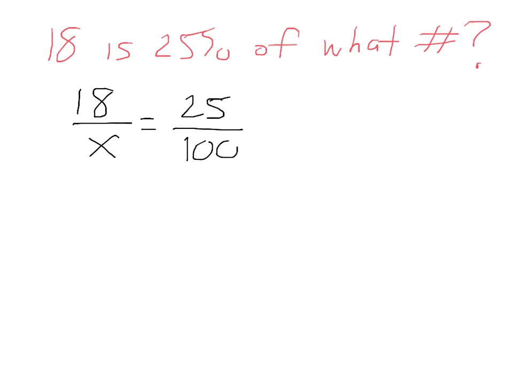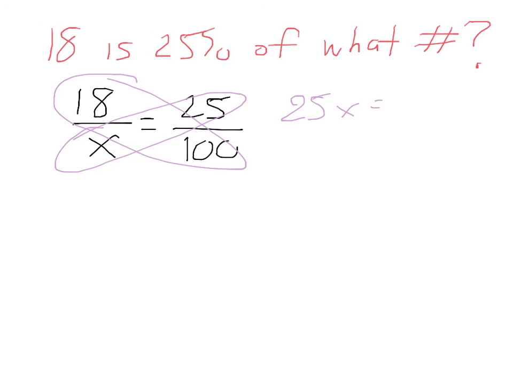To cross multiply, what do we get? You get 25x equals 1,800. Now what? Divide both sides by 25. Good. Let's actually work this one out.